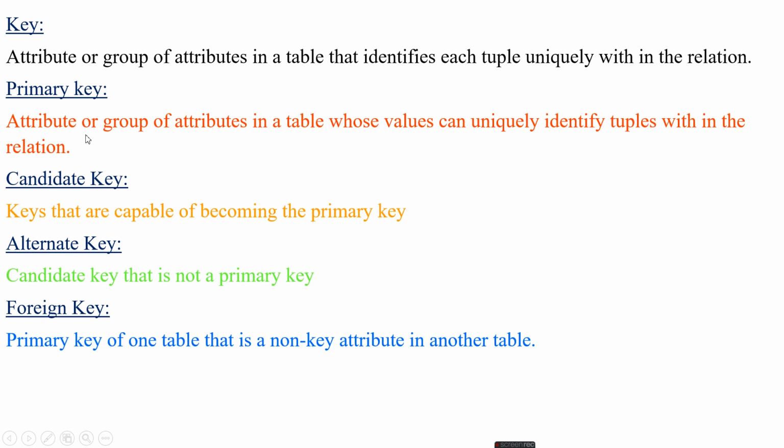Primary key means attribute or group of attributes in the table whose values can uniquely identify tuples within the relation. Candidate key means keys that are capable of becoming primary key. Alternate key, candidate key that is not a primary key. Foreign key means primary key of one table that is a non-key attribute in another table. So this is the concept of keys from the unit database management.